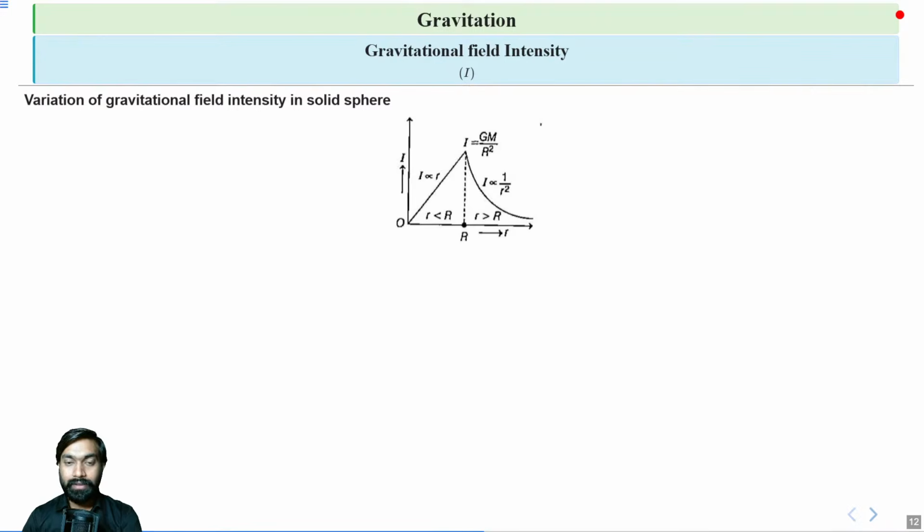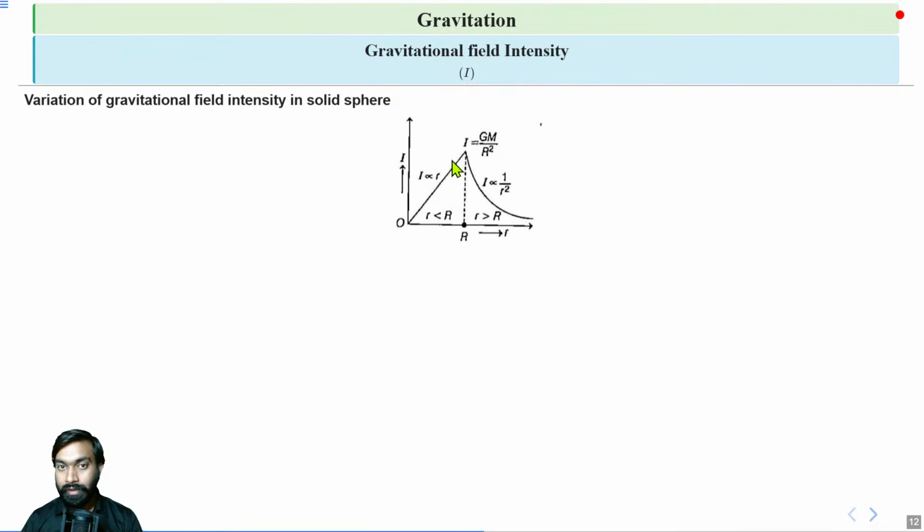Let's see graphically. If we observe the variation of gravitational field intensity with respect to radial distance small r for a solid sphere, the plot appears as follows. Listen carefully, inside the sphere the intensity is directly proportional to radial distance r, and this is linear. Outside the sphere, it is inversely proportional to r square.